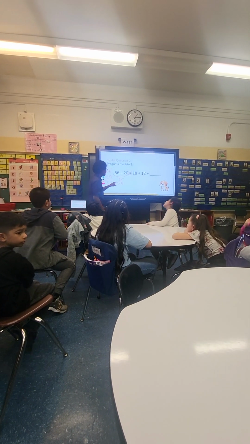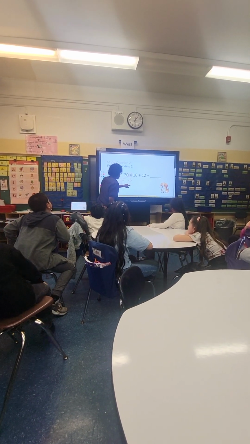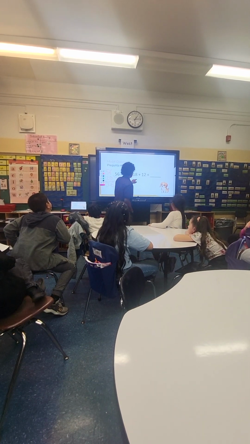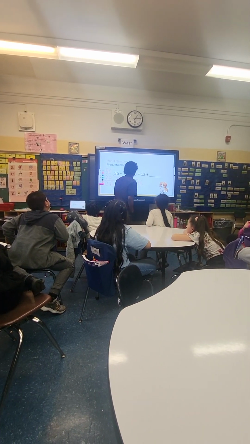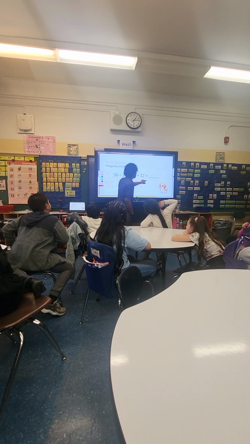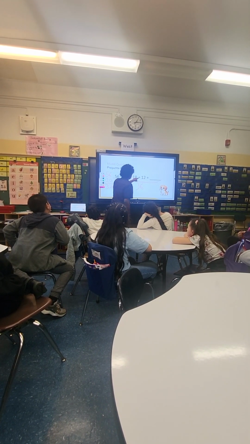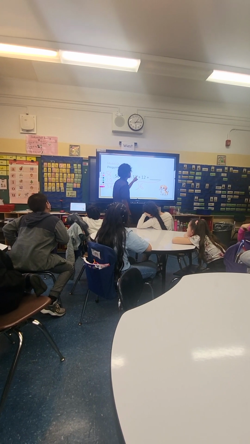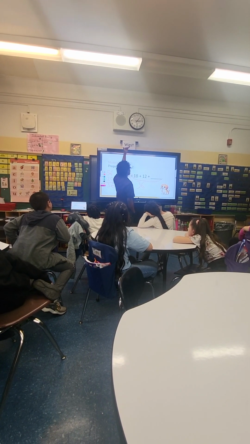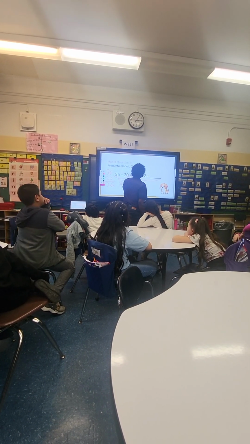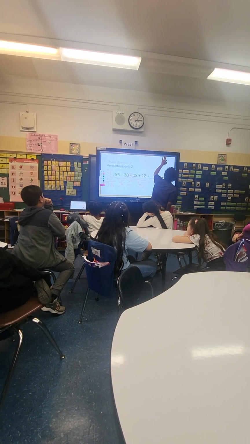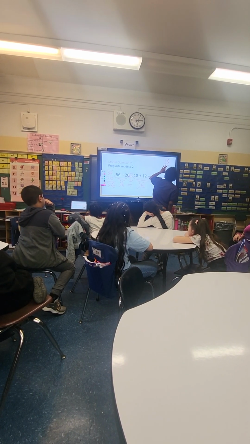Okay. I'll bring down my equal sign because I know that now I have to find 36 on this side. So this whole thing has to equal 36. Okay, now I'm going up. I'm going up because I'm using my addition symbols. And addition means we have to get bigger numbers. We're going up. So let me do 18 plus 12 because those are the only two numbers I have.